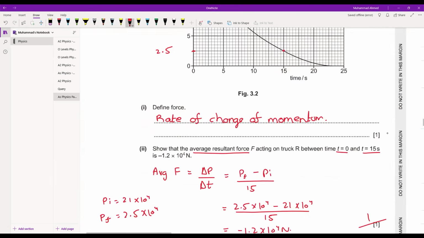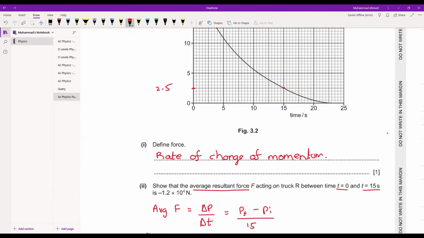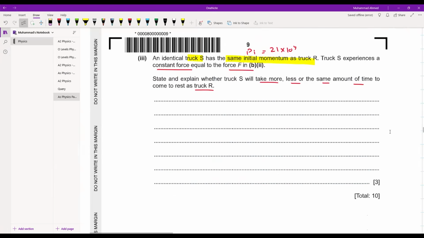First of all, how much time is truck R taking? I think up till here that is 22.5 seconds. So truck R, you can write here, comes to rest in 22.5 seconds.